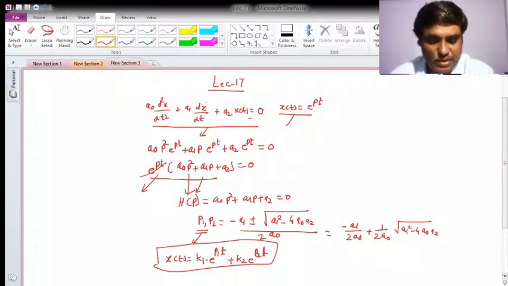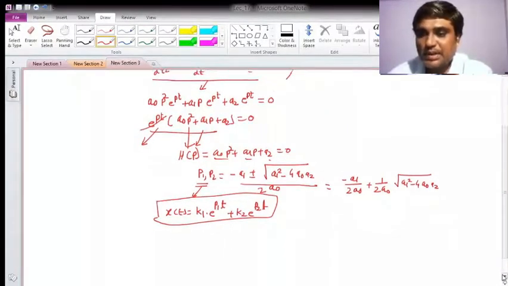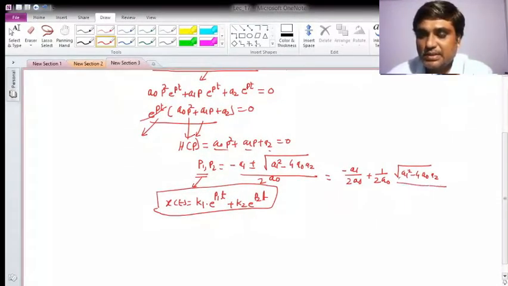Now it is to be noted that the magnitudes of the coefficients a0, a1, a2 of this equation determine the form of the roots of the characteristic equation. The behavior of the second order system depends on the radical. If a1 square is greater than 4a0 a2, then my roots are real and distinct.